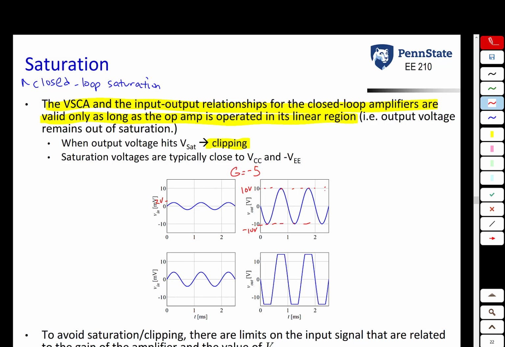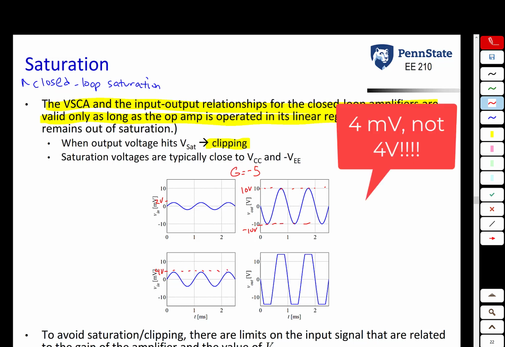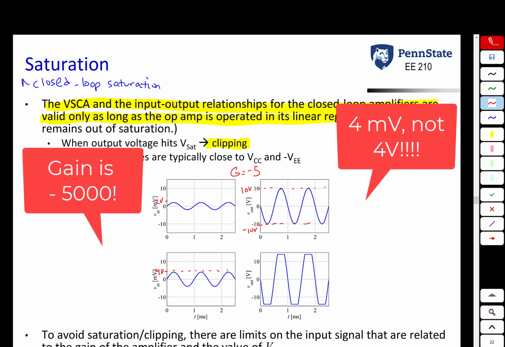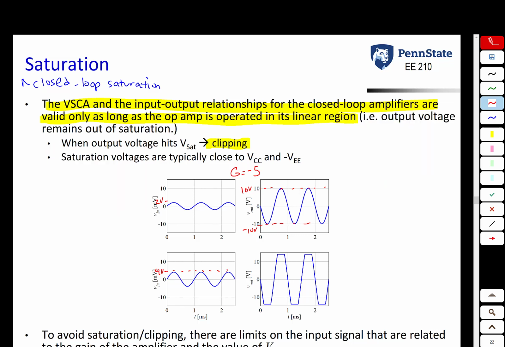What happens, however, if you take the same op-amp powered by the same plus or minus 15 volt source, but now drive it with an input that has a magnitude of 4 volts? The gain is still -5, so now it wants to have an amplitude of 4 times 5 or 20 volts, positive 20, -20.